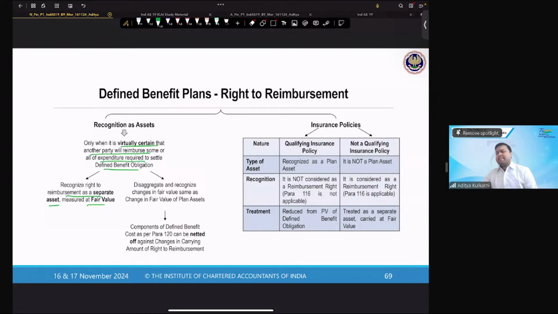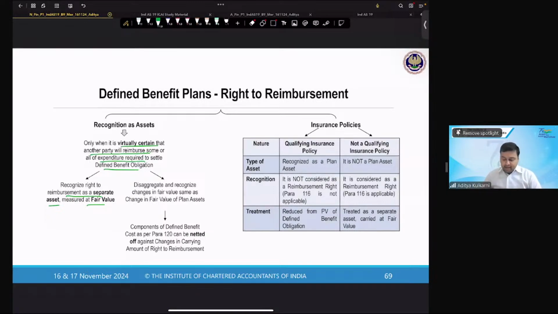For example, you have set up your plant in a backward area and you have given employment to the local persons there, for which you have a defined benefit plan that is set up. And against the plan that you have set up, the government has said, we will support you by giving you, say, 40% of the plan. We will reimburse you. So that reimbursement right will be recognized as a separate asset at fair value.